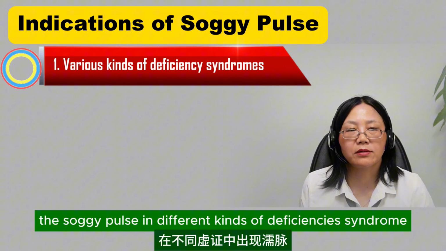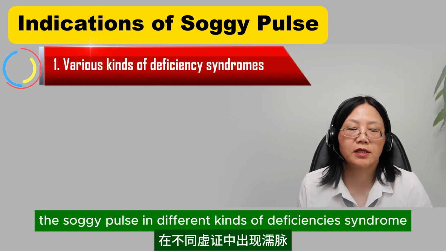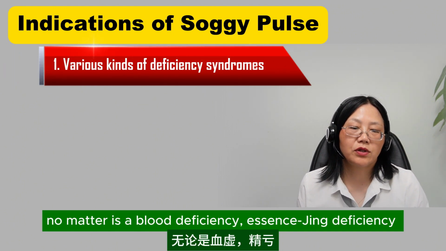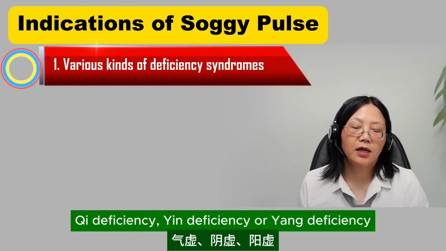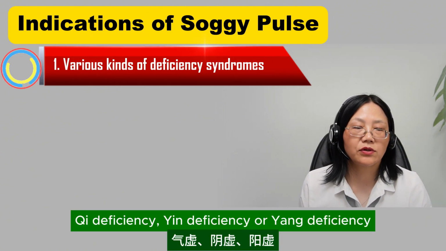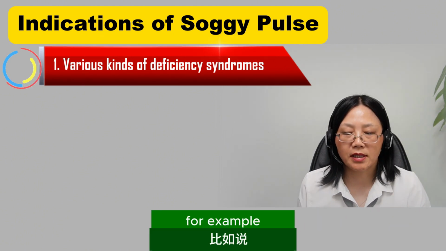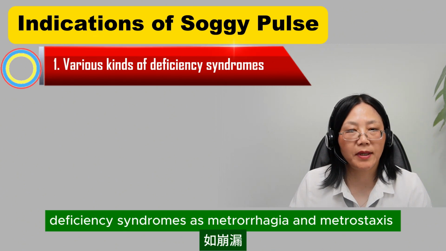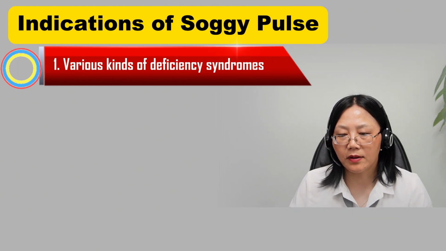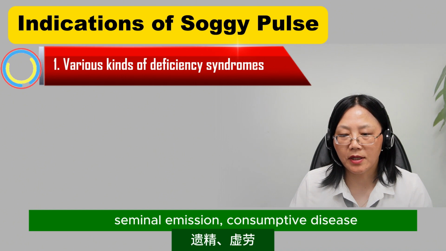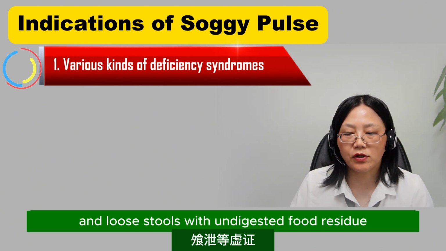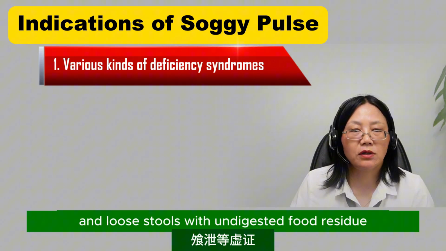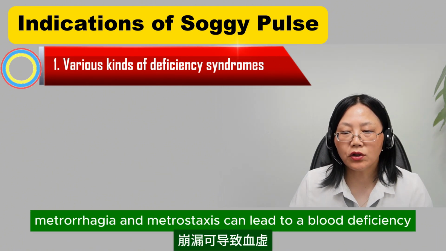It's common to find the soggy pulse in different kinds of deficiency syndrome, no matter whether it's blood deficiency, essence deficiency, qi deficiency, yin deficiency, or yang deficiency. For example, it is seen in such deficiency syndromes as metrorrhagia and metrostaxis, seminal emission, consumptive disease, and loose stools with undigested food residue.